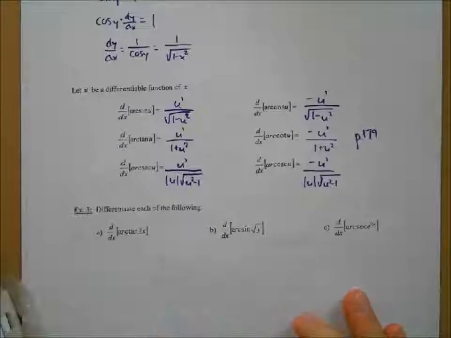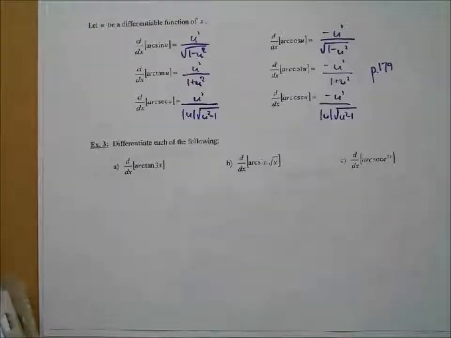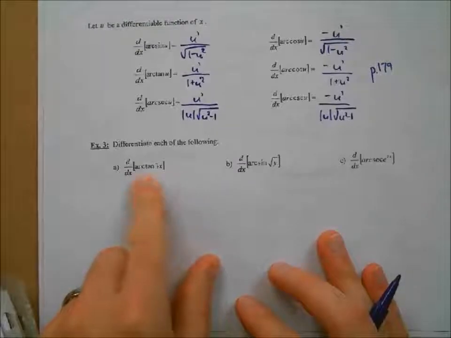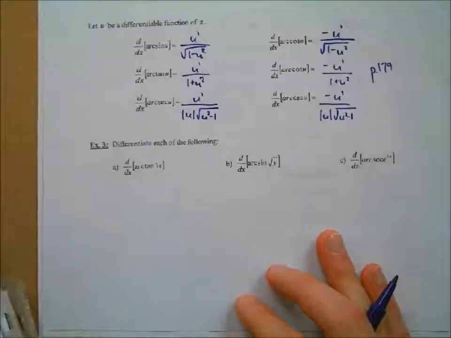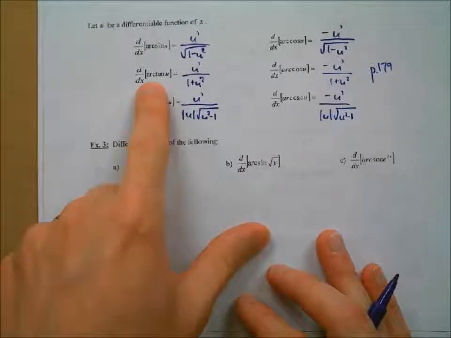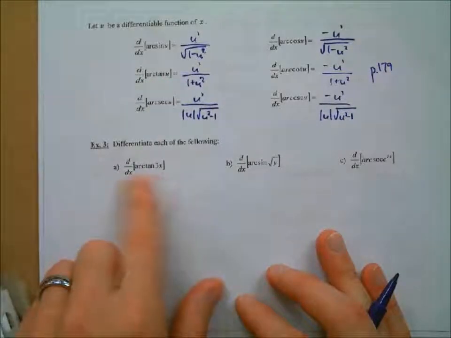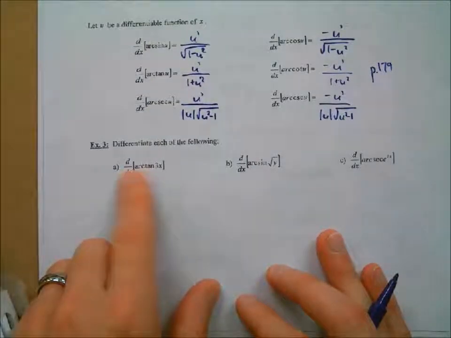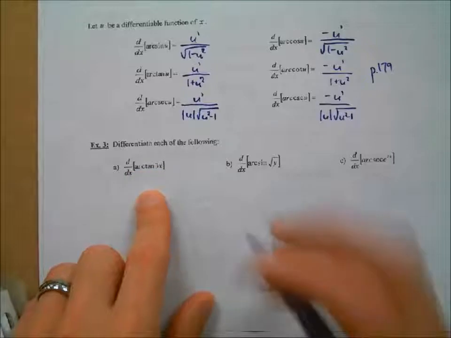All right, so let's actually do some of these derivatives then, right? So arctangent of 3x. In this scenario, we know how to take the arctangent of u. So what is our u in this derivative? The u is the 3x, right?